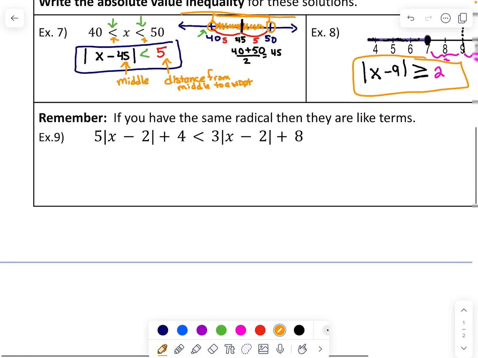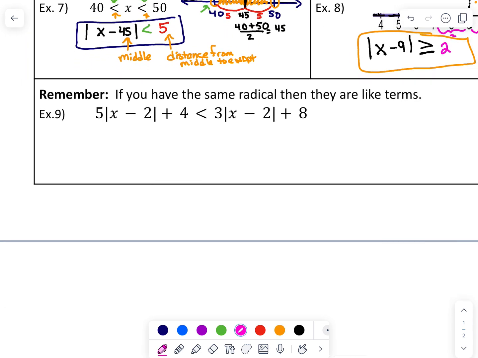Okay, so I do want to just remind you about one thing, is that when you are trying to get this absolute value alone, you notice that on this one, we have an absolute value on this side, and we have an absolute value on this side. But do you see how this is the exact same absolute value? So this is kind of like saying 5w plus 4 is less than 3w plus 8.